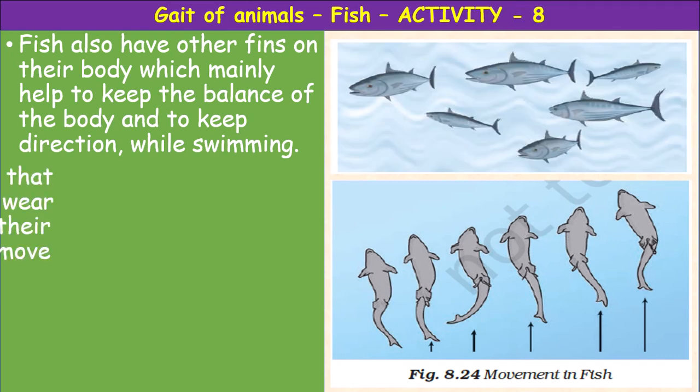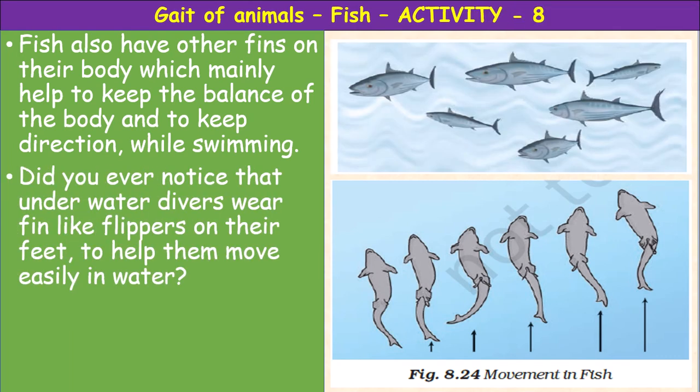Okay, so did you ever notice that underwater divers wear fin like flippers? They cover their body with mask like structure, which is similar to the structure of the fish. They wear fin like flippers on their feet to help them move easily in water.